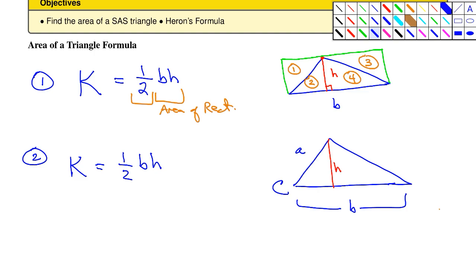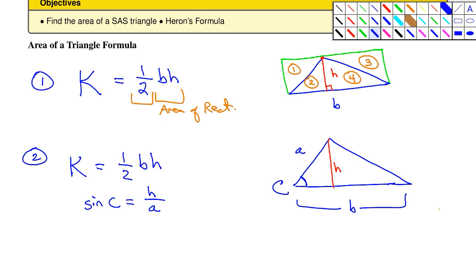But what is the formula for the height? Well, if you remember from earlier lessons in this chapter, we know that the sine of C is equal to the opposite over the hypotenuse.